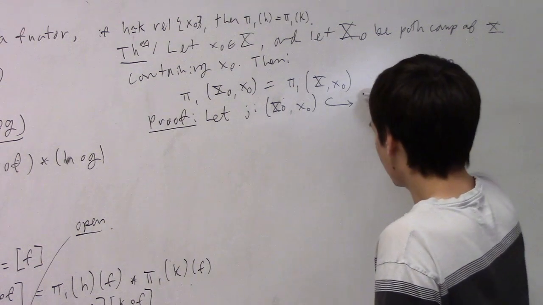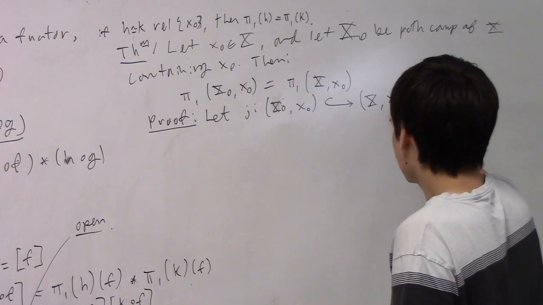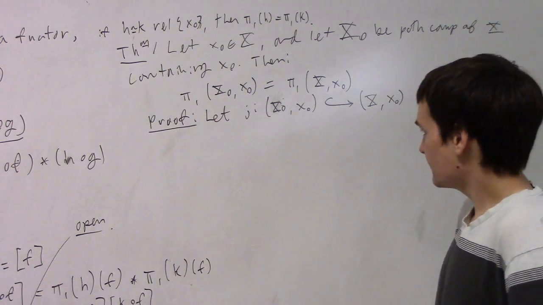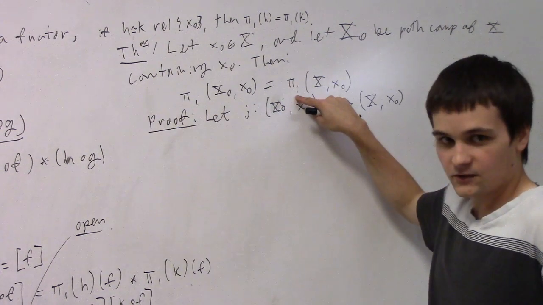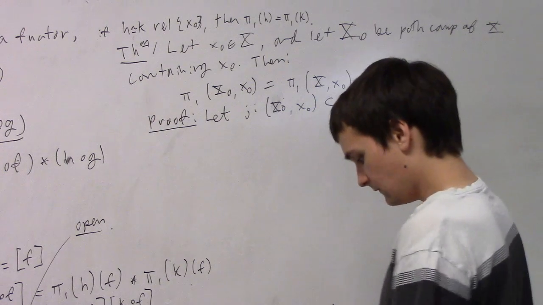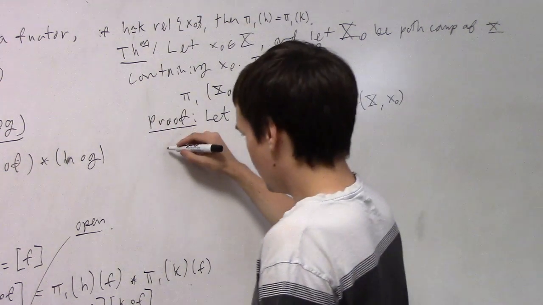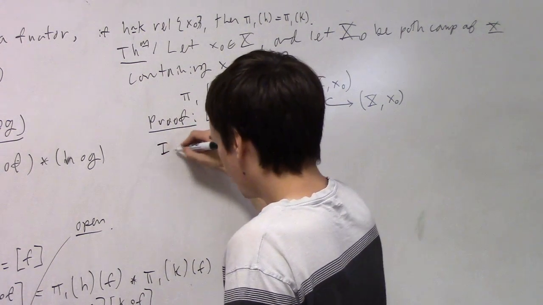J here is the inclusion from the path component to the whole space. So essentially what we're going to do in this proof is show that J is in fact an isomorphism between these two groups. Our first order of business is to show it's injective. One way of doing that is to show that the kernel is trivial.